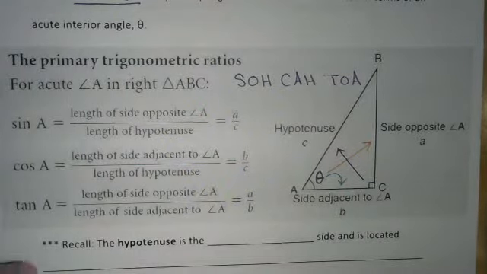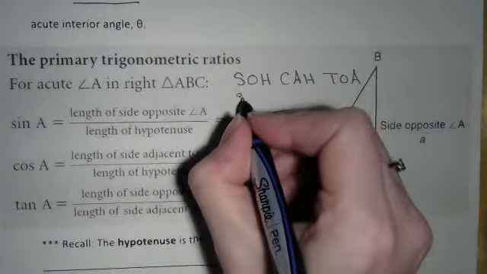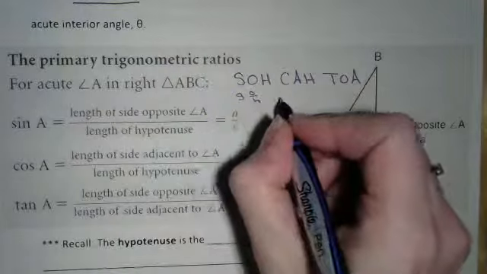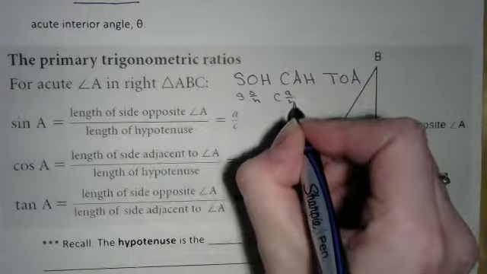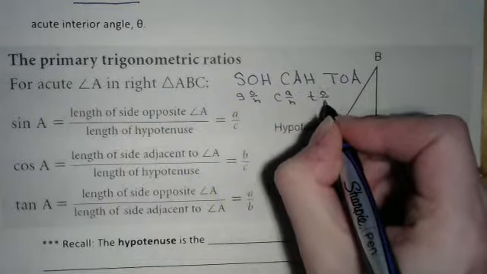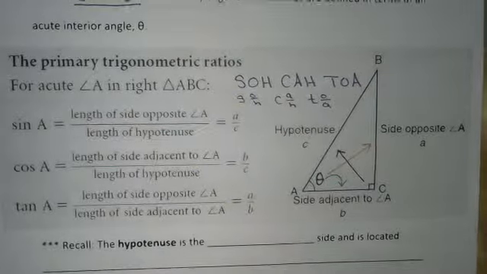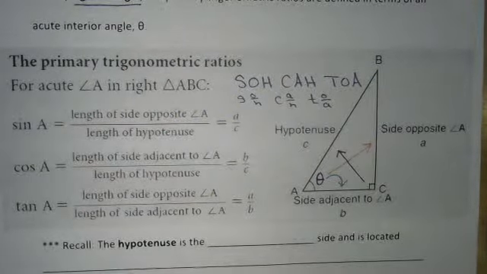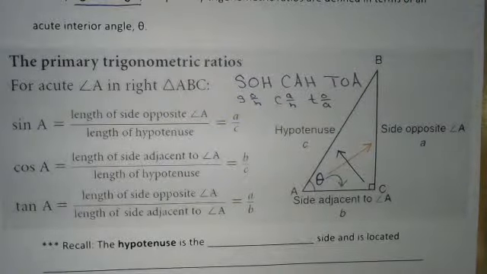You could also write that out as S is O over H, C is A over H, and T is O over A. SOHCAHTOA. It's just a handy little acronym for remembering it.